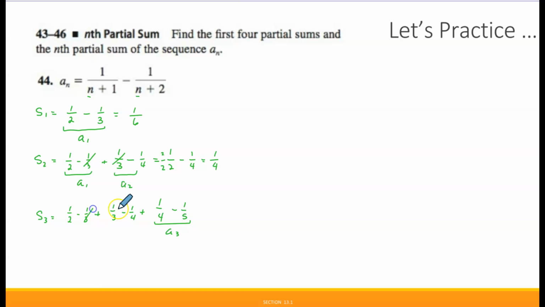We see that these cancel out, making our work a little bit easier. We're going to take 1/2 and subtract 1/5. Now that's going to be a common denominator of 10, so 5 over 5 and 2 over 2. So 5 minus 2 is going to give us 3 over 10.